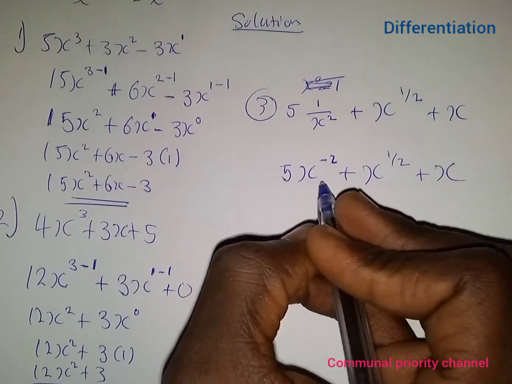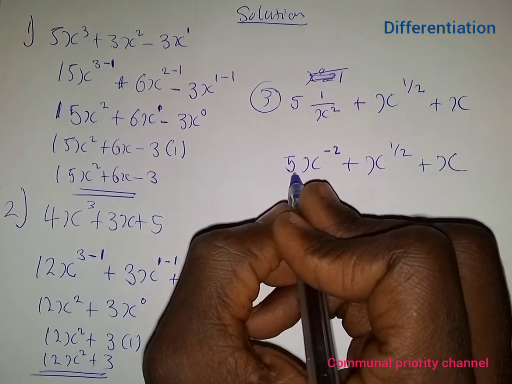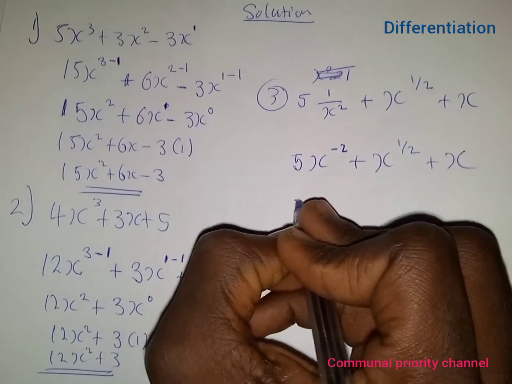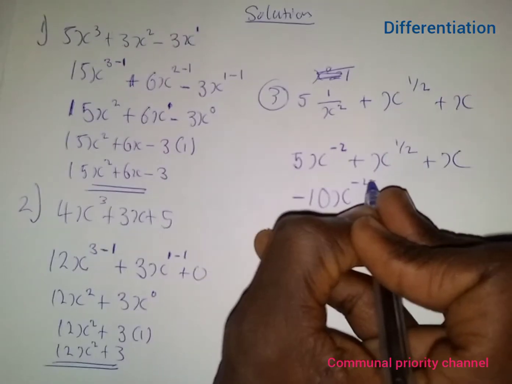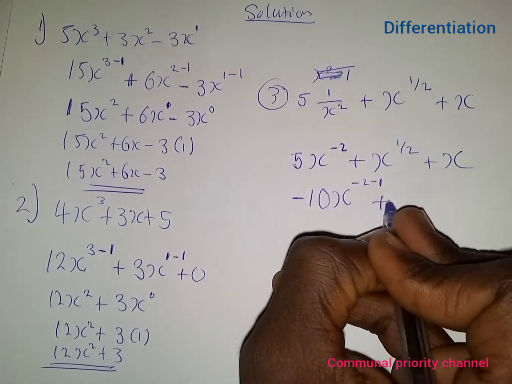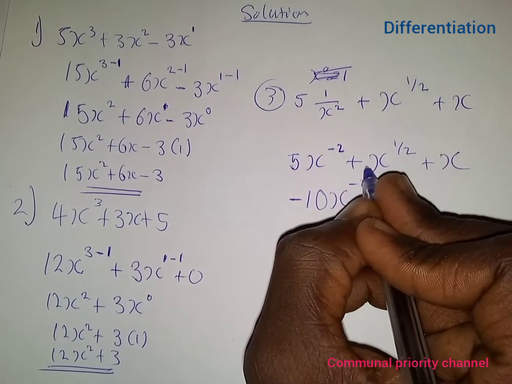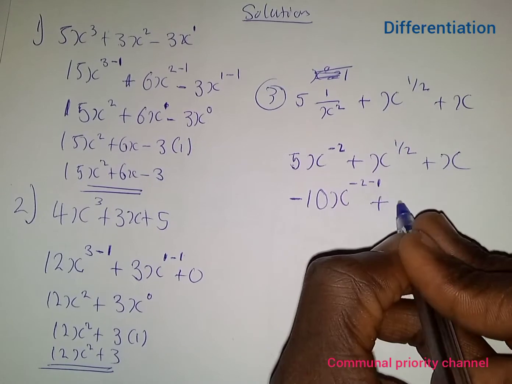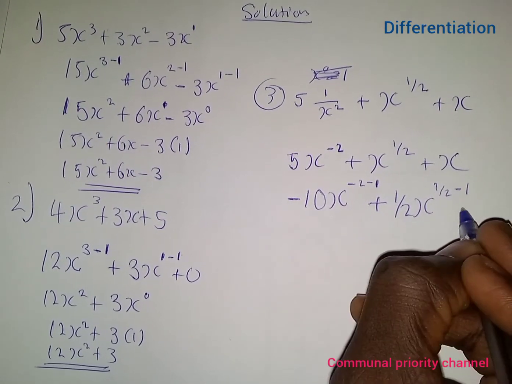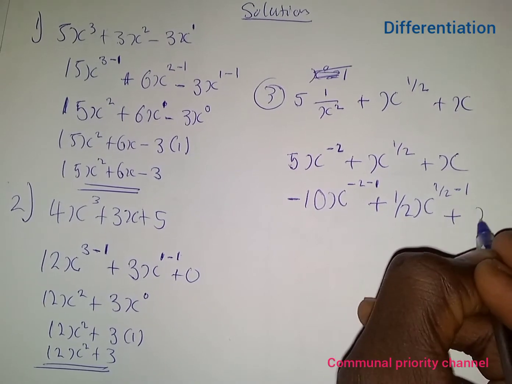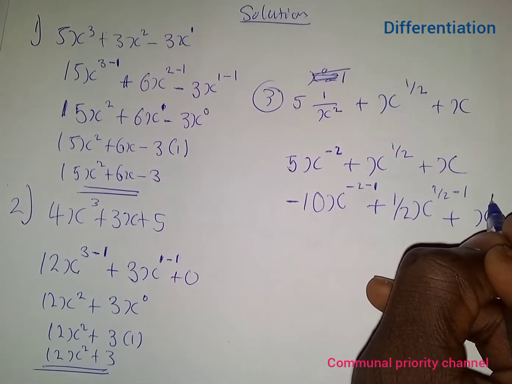So now we are going to multiply the power with the coefficient. This will be 5 multiplied by minus 2, which is minus 10x to the power of minus 2 minus 1. Then plus 1 over 2 multiplied by 1. This coefficient is the same thing as 1. Therefore, this will be 1 over 2 x to the power of 1 over 2 minus 1, plus x to the power of 1 minus 1.